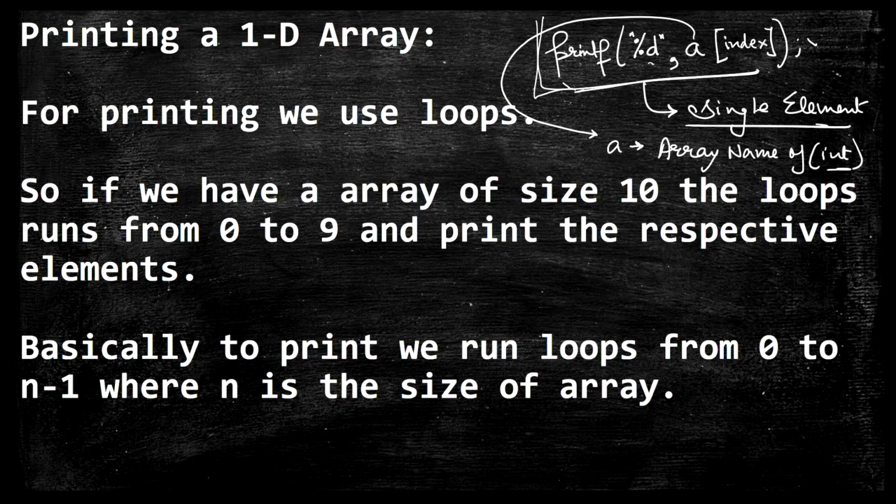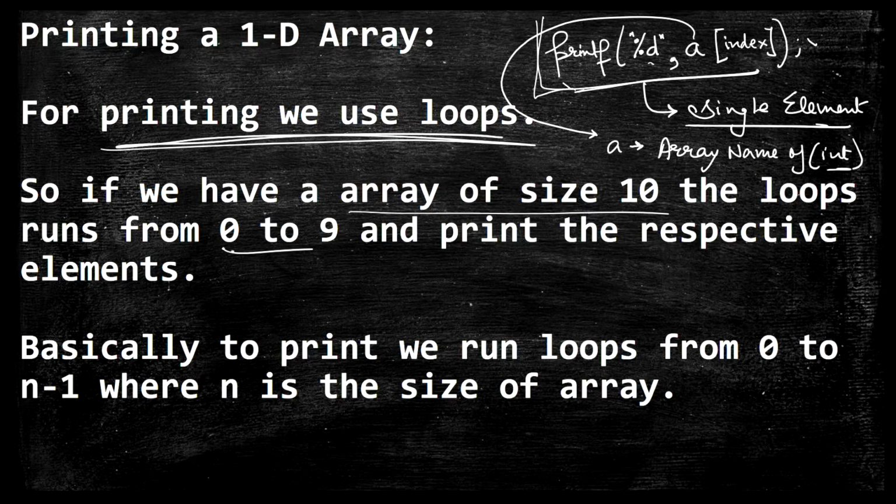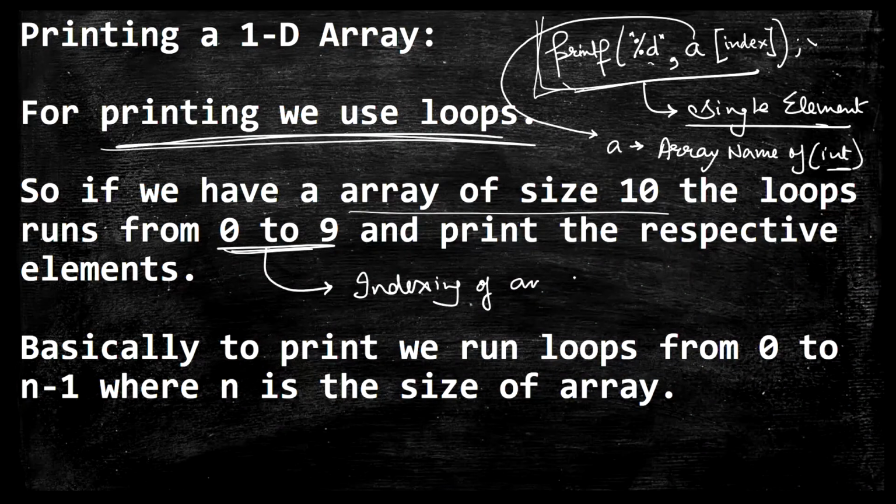But if you want to print the entire array, then we use the concept of looping again. So how will we do this? If you have an array of size 10, the loop runs from 0 to 9. Why? Because indexing of an array begins from 0.